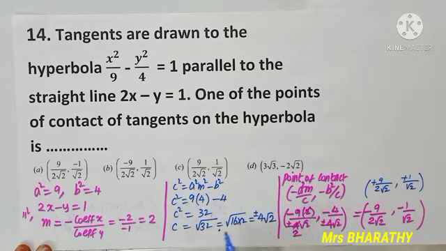As I know C value, let me recall point of contact. The formula is minus a square m by c, minus b square by c. As we substitute a square m, b square, c in this, because c is plus or minus, my answer will be minus by plus minus, minus by plus minus, or minus by minus plus, minus by minus plus.